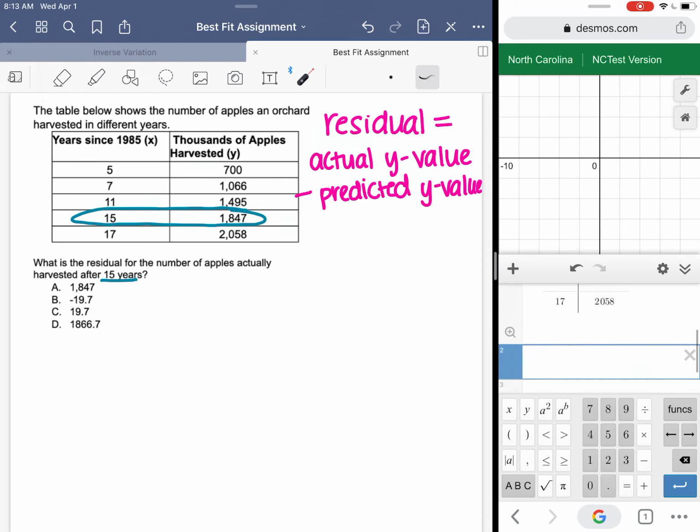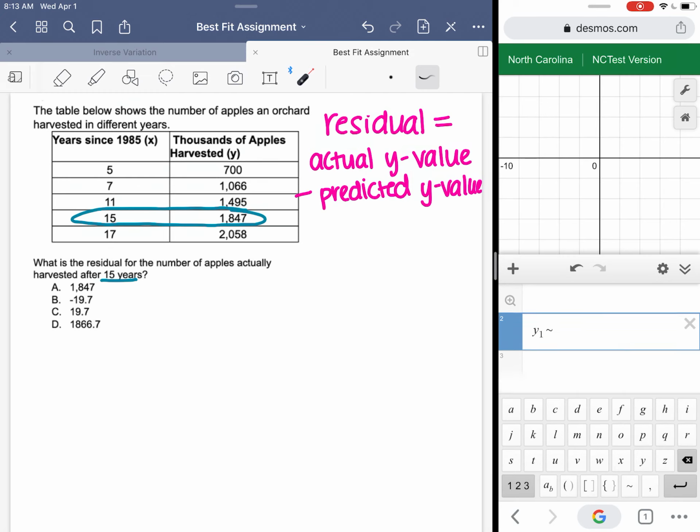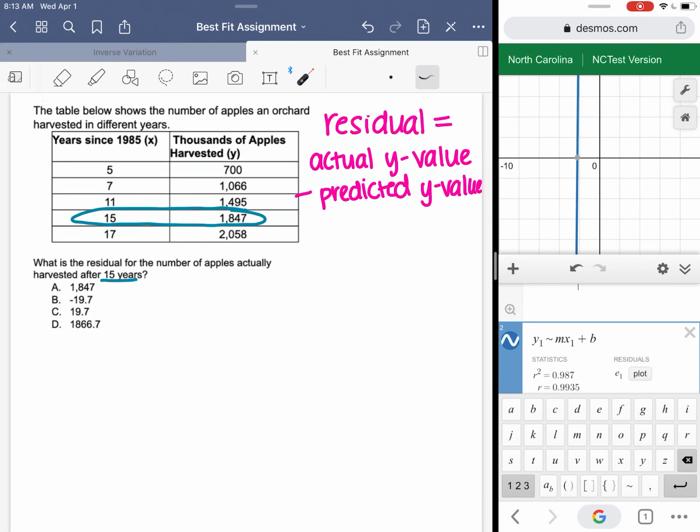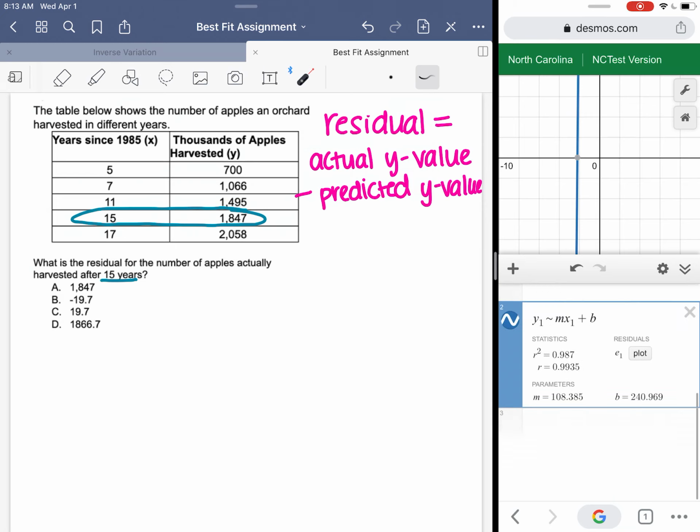So if this fits a linear function, then we would type y1 squiggle mx1 plus b.